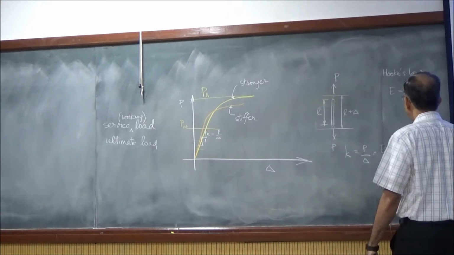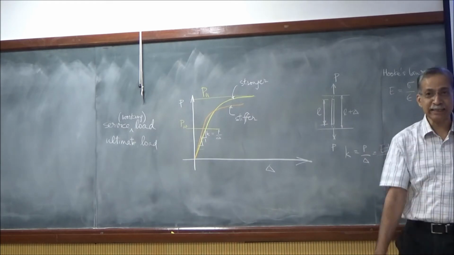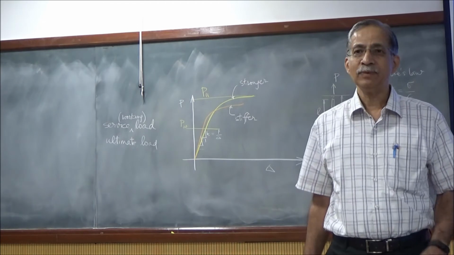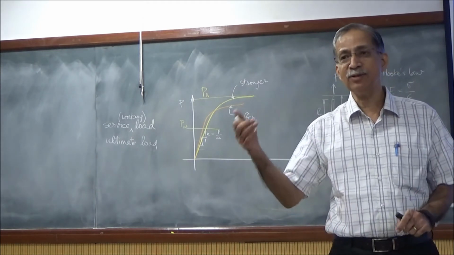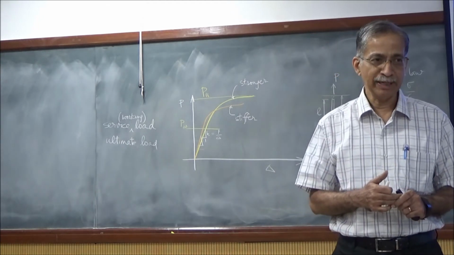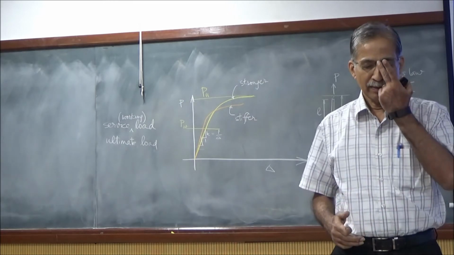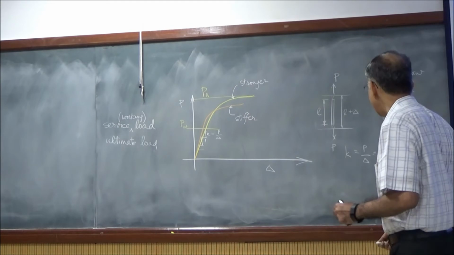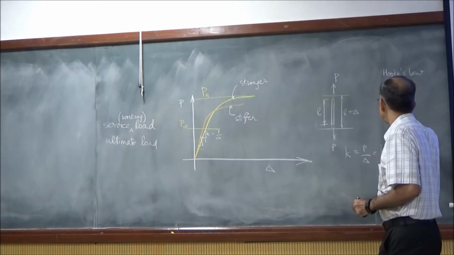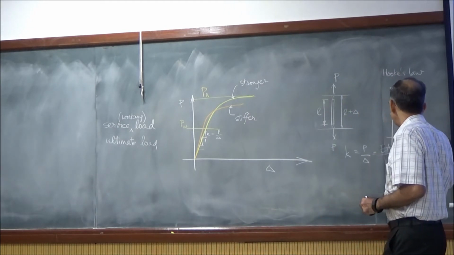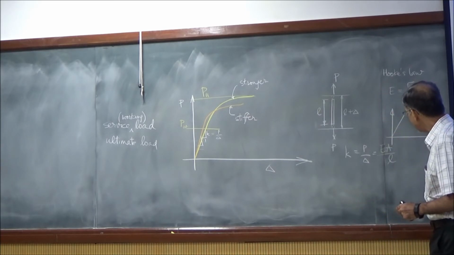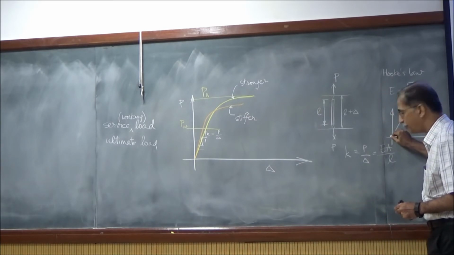Now, this is true up to the elastic limit, as you rightly said. So one part talks of linearity, the other talks of regaining the original shape. Strictly speaking, when you draw the stress-strain behavior, if it's linear elastic, when you unload, it will go back to the original point.